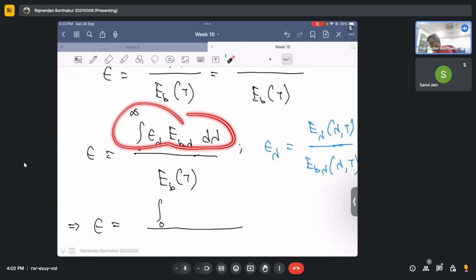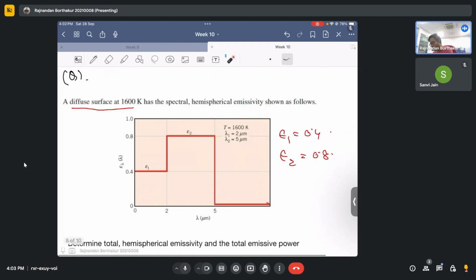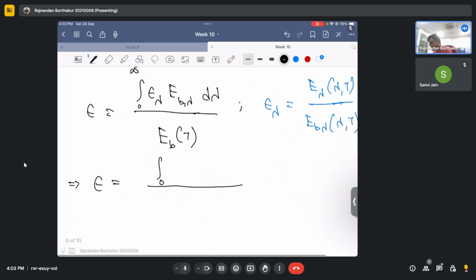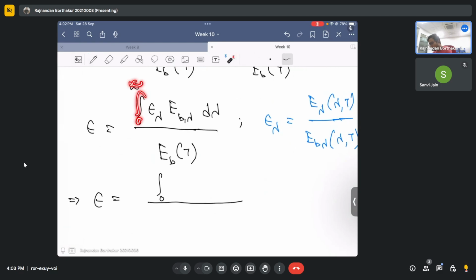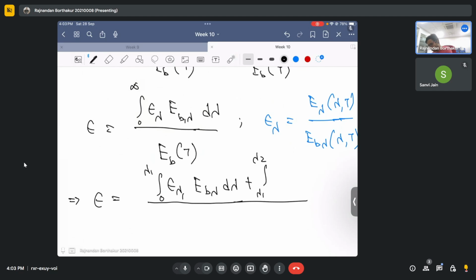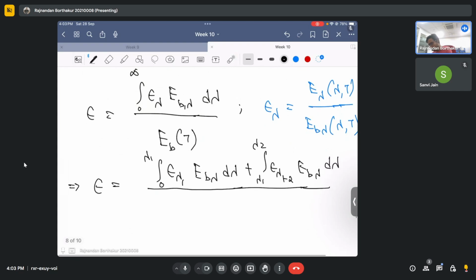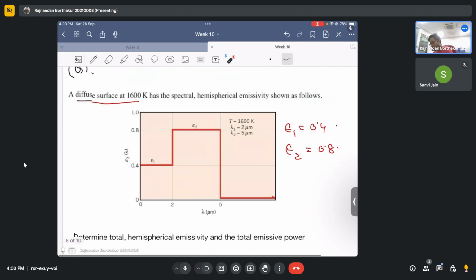So what I am now doing is simplifying this integration in terms of these step functions. Please let me know if you are clear to this point. This integral from 0 to infinity of epsilon lambda E_B lambda d lambda can now be written as the integral from 0 to lambda 1 of epsilon corresponding to the wavelength lambda 1 times E_B lambda d lambda, plus the integral from lambda 1 to lambda 2 of epsilon corresponding to the second band, epsilon lambda 1 to 2, times E_B lambda d lambda, divided by, of course, E_B times T. We will not bother about wavelengths greater than lambda 2, because this is just 0.